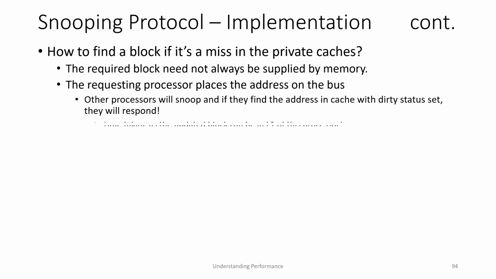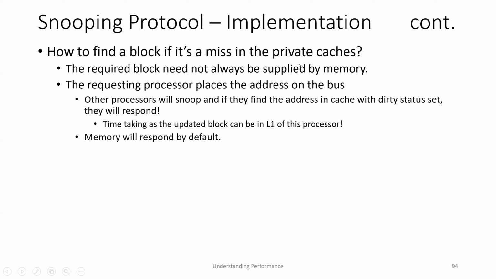Okay, so how do we find a block if it's a miss in the private cache? The required block will not always be supplied by the memory, because some other private cache might have its updated copy. So the requesting processor will place the address on the common interconnection network, and the other processors will notice the address and check their private caches.